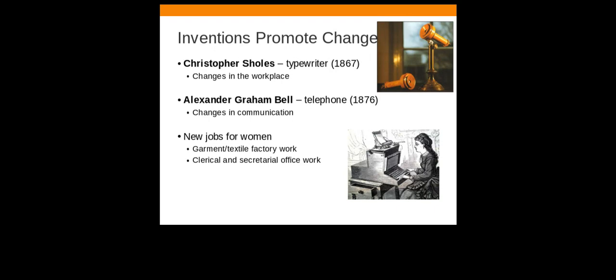Let's look now at the big business part of it. So with the new inventions and with the new factories come a lot of people who are getting stupid rich. From the mid to late 1800s, a lot of those entrepreneurs and companies start growing.